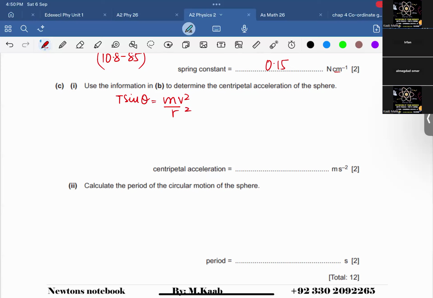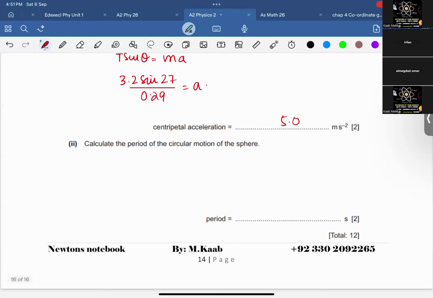So 3.2 sin theta, or sin 27, divided by the mass, which is 0.29. Can you tell me the acceleration? Five. Yes, five.